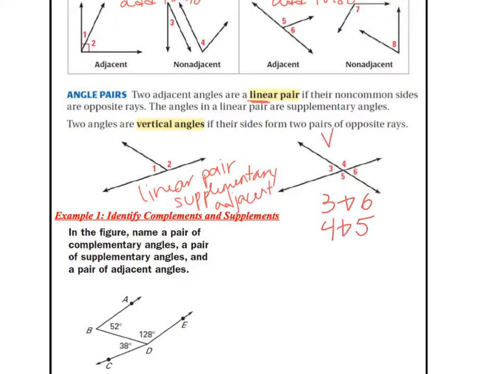So these are vertical, and they are congruent. Could someone please remind me again, what does congruent mean? Raise your hand. What's it mean, Nick? Equal or same. Yes, in measure. So equal or same in measure.